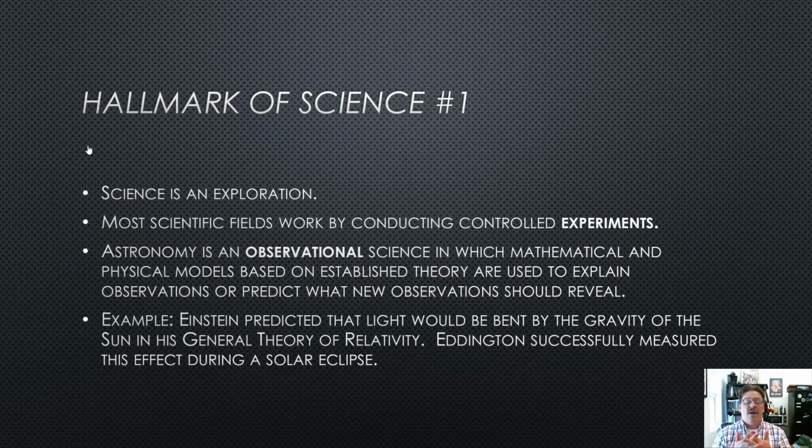We have to analyze the light emanating from those objects and be clever enough to figure out what that light is doing, why it appears the way it does, and what that means about the physical circumstances surrounding how that light was emitted or absorbed or redirected or what have you.